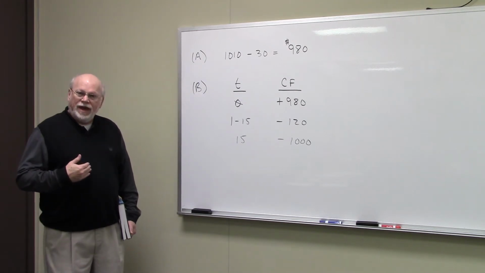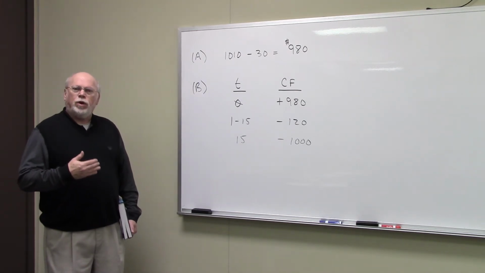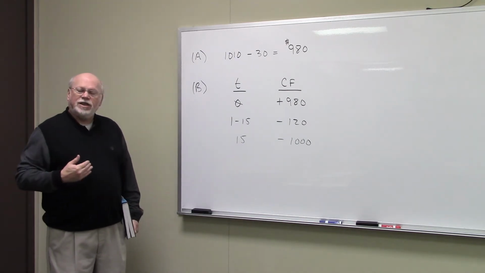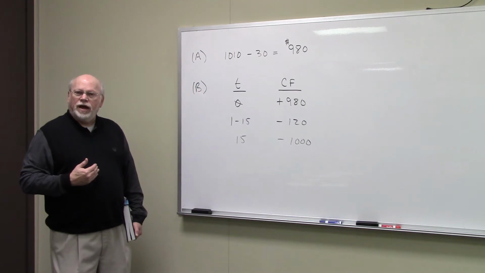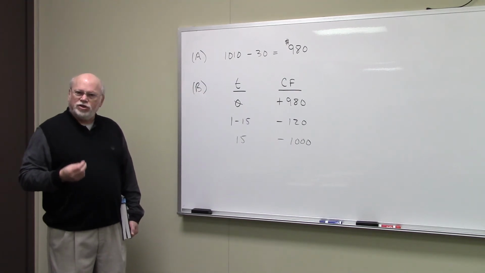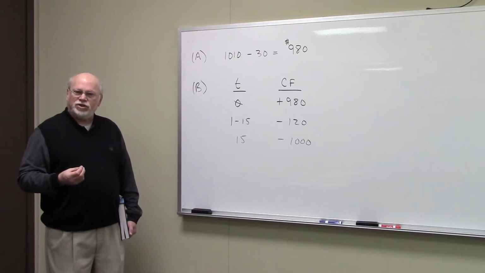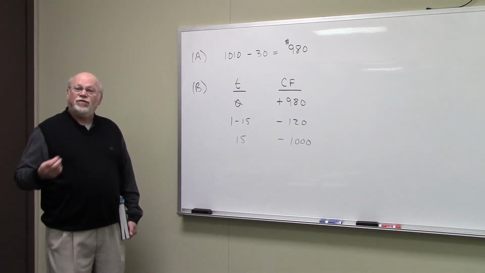What does it have to pay in return for that money? Well, at the end of every year for 15 years, it's got to pay the annual interest they owe. And the annual interest on a bond is the bond's stated return, its coupon rate, in this case 12%, multiplied by the face value or the par value of the bond, which they tell us is $1,000.